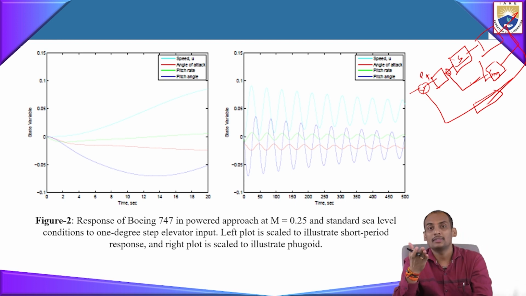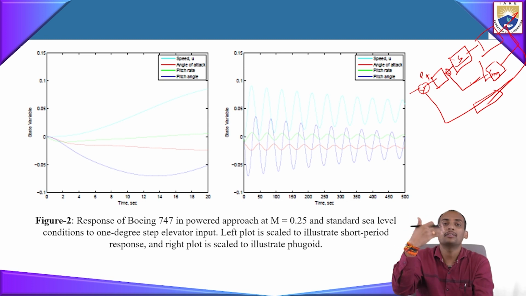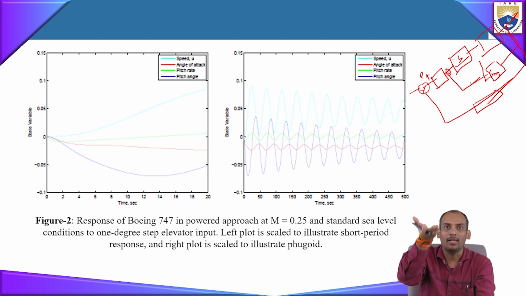This block diagram itself shows how much control input is required for giving that control surface deflection. If we give that control surface deflection, how will the input have a frequency response? Frequency response means in terms of signal.